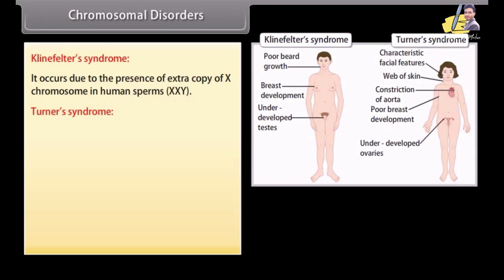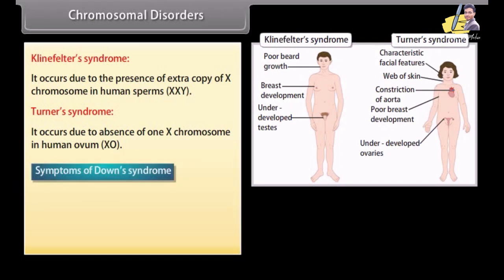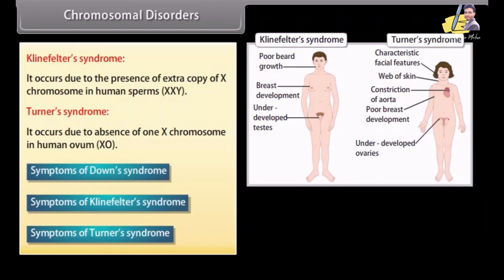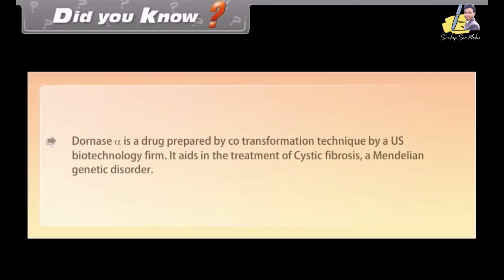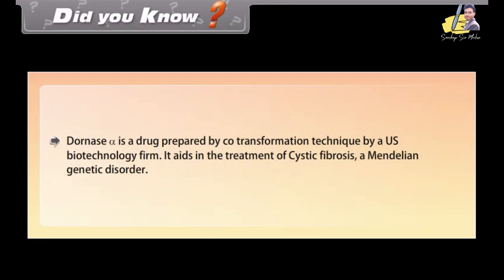Turner's syndrome: it occurs due to the absence of an X chromosome in human ovum, XO. Did you know? Dornase alfa is a drug prepared by co-transformation technique by a US biotechnology firm. It aids in the treatment of cystic fibrosis, a Mendelian genetic disorder.